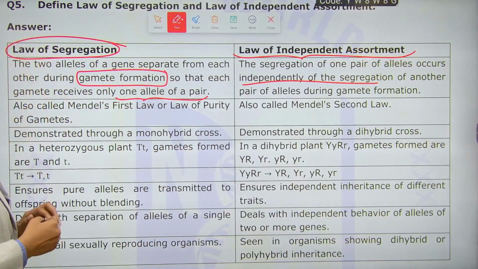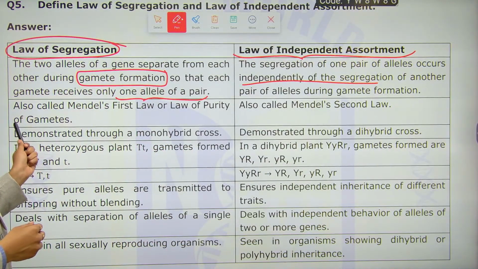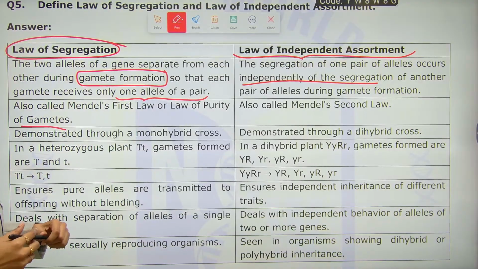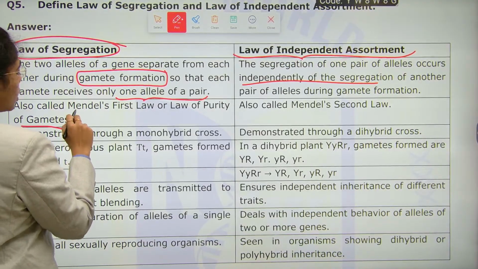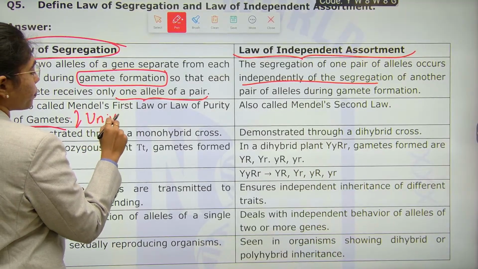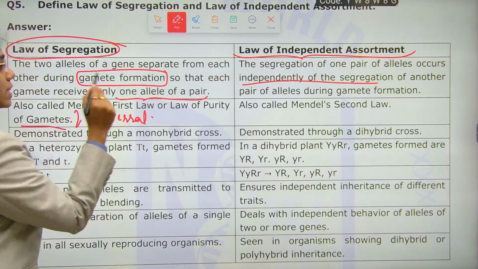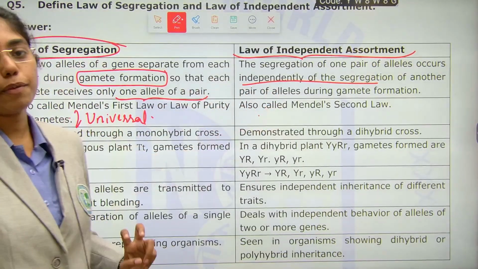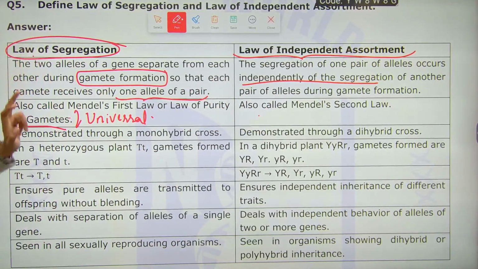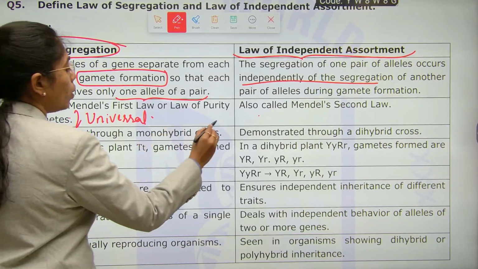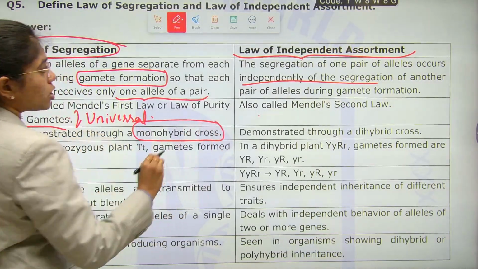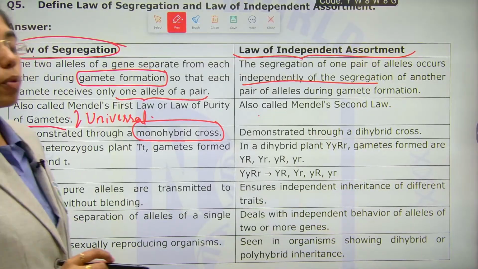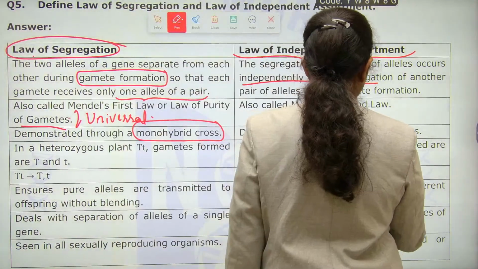Law of segregation is the first law, known as the law of purity of gametes, and it is universal without any exceptions, whereas law of independent assortment is Mendel's second law. The law of segregation is proposed from a monohybrid cross, whereas the law of independent assortment is proposed from a dihybrid cross.